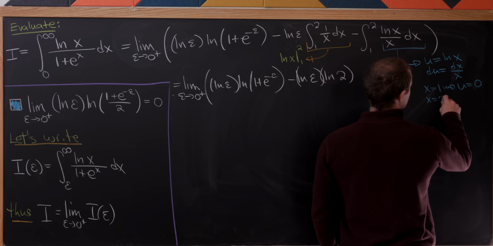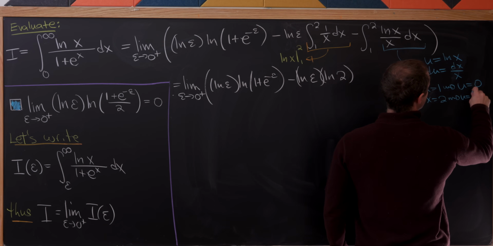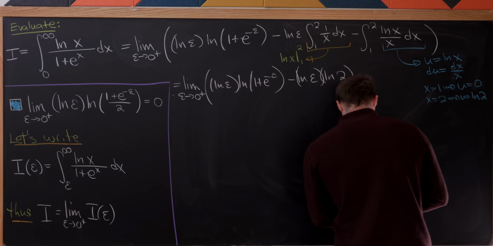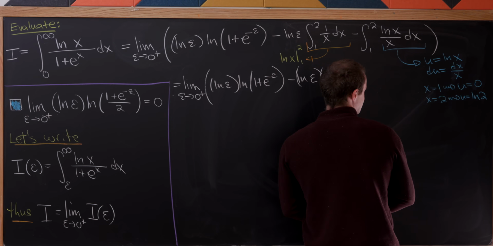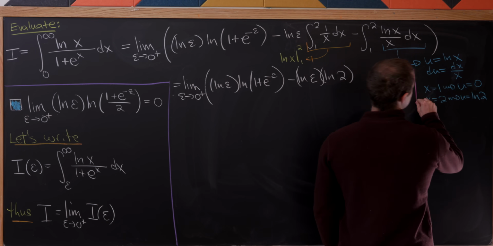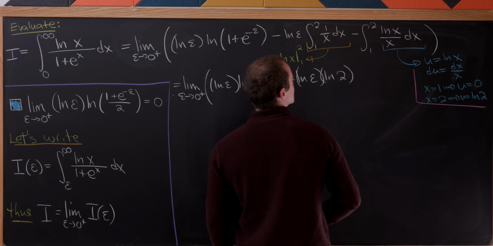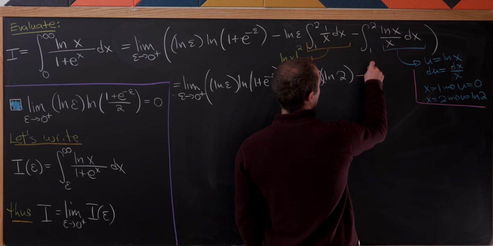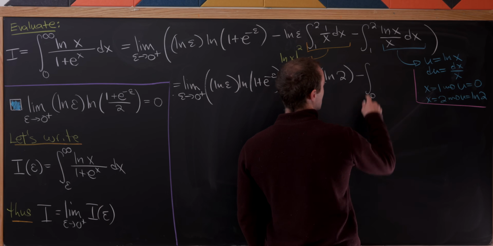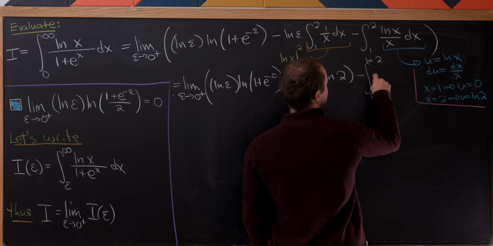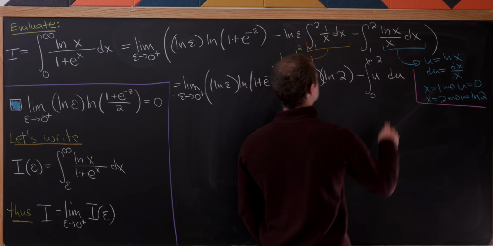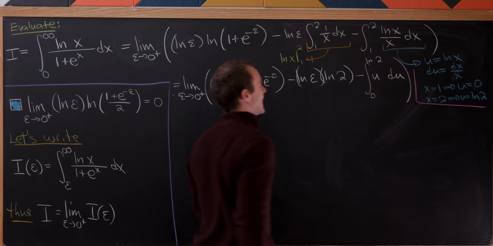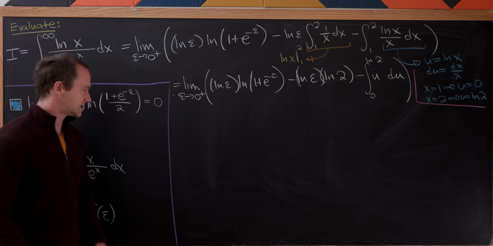Whereas when x is equal to 2, u will be equal to the natural log of 2. So that sorts out our change of variables for this second integral. So that'll allow us to write this as minus the integral from 0 up to the natural log of 2 of u du. Great, and all of that is still within this limit.